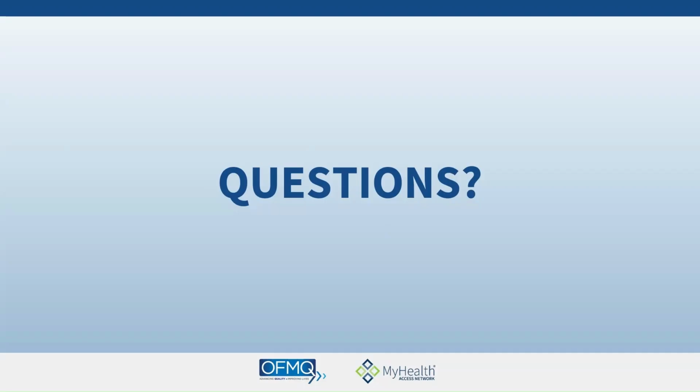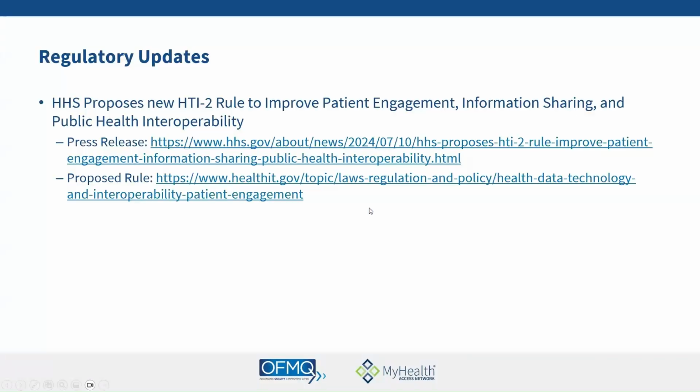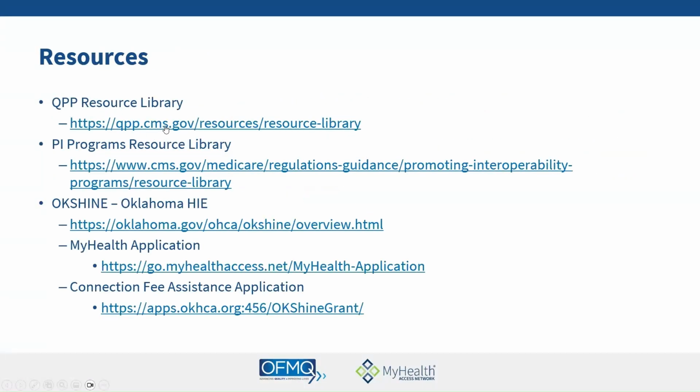You mentioned that clinicians need to pick 6 quality improvement measures to qualify. Where are the quality improvement measures listed? Okay, yeah, so let me go back. This QPP resource library, you can click on promoting interoperability, quality improvement activities, and it will give you detailed measure lists for all of those measures.